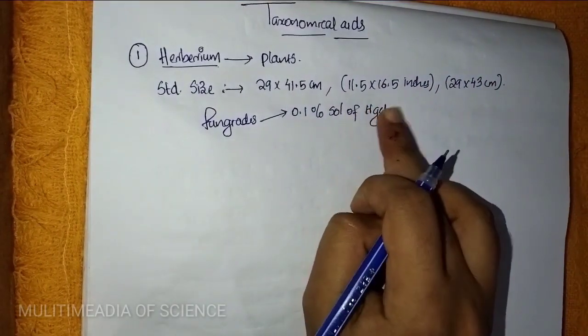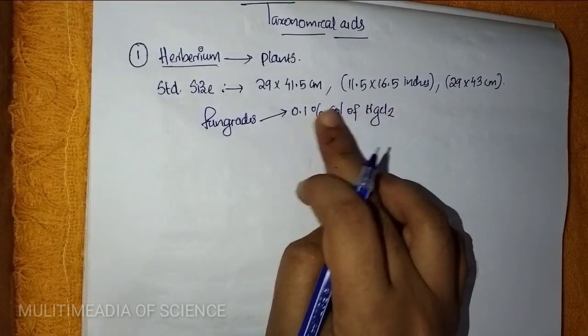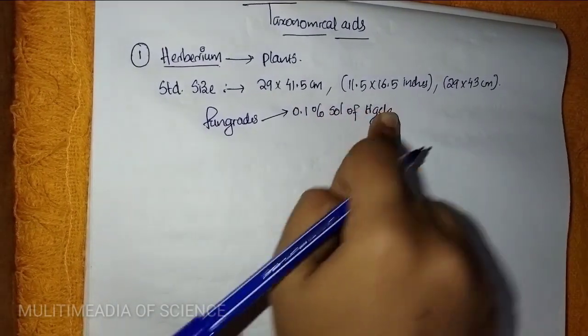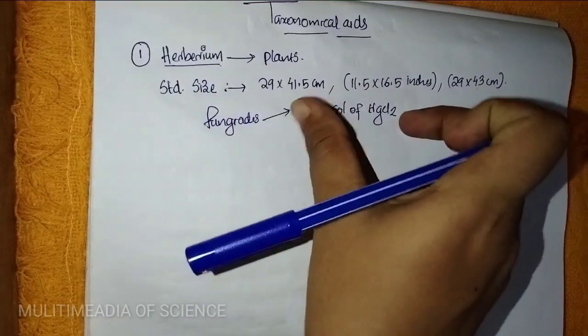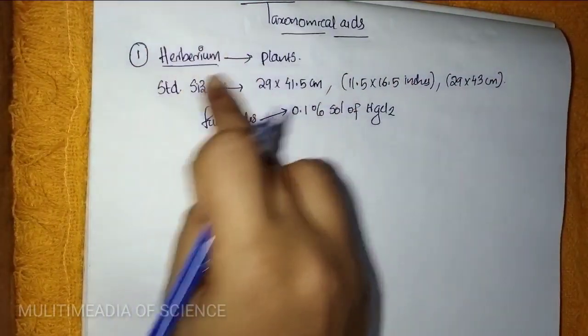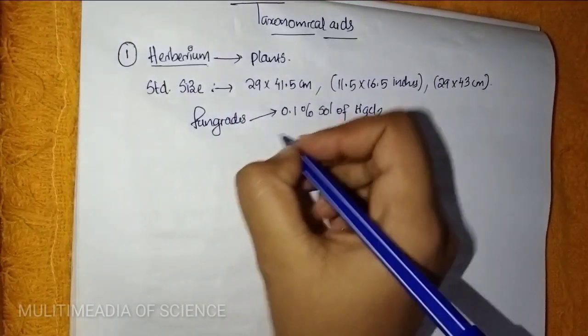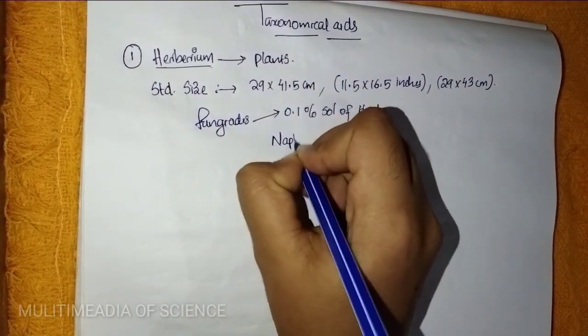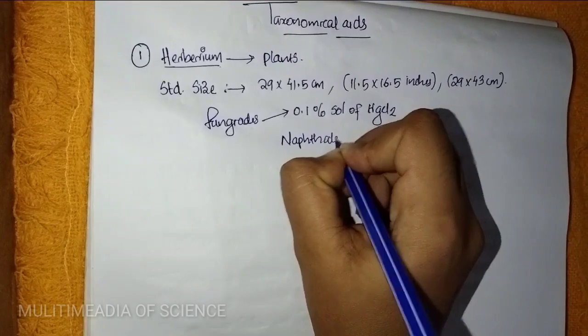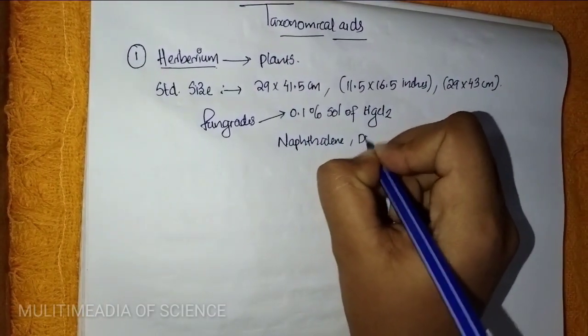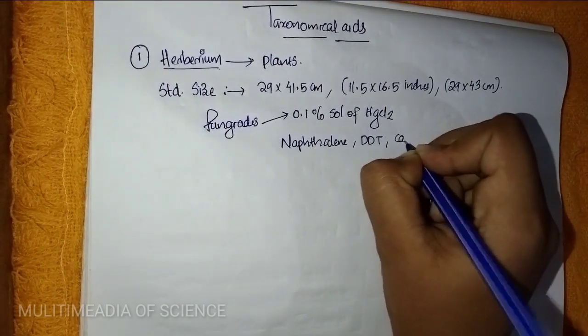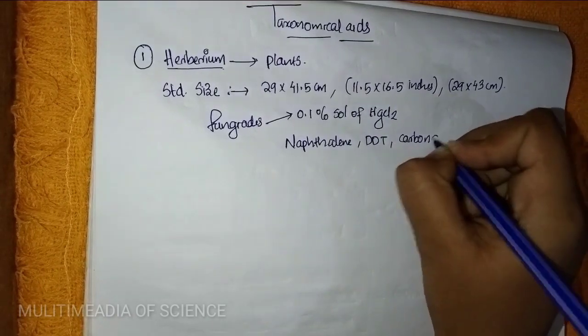Mercuric chloride. So a 0.1 percent solution of mercuric chloride is sprayed on the herbarium sheets for better preservation. Next one is naphthalene. Then DDT, then carbon disulfide.